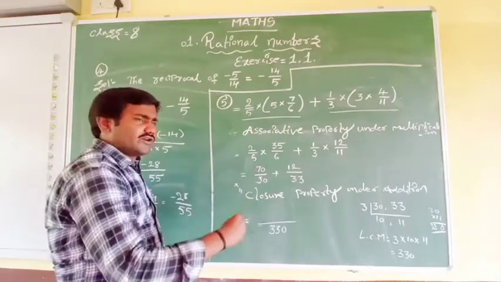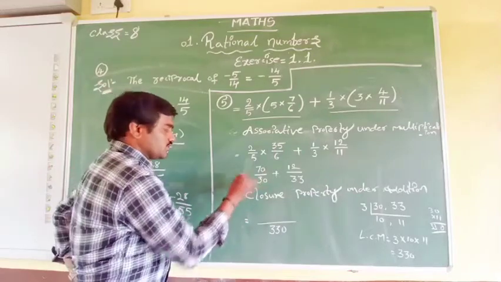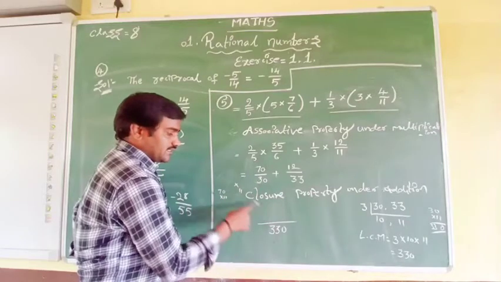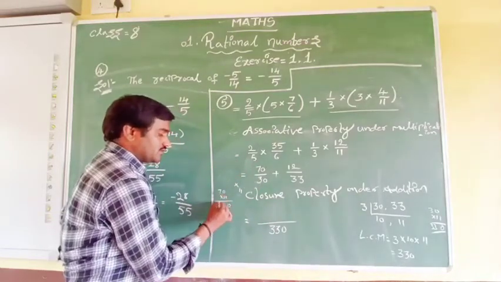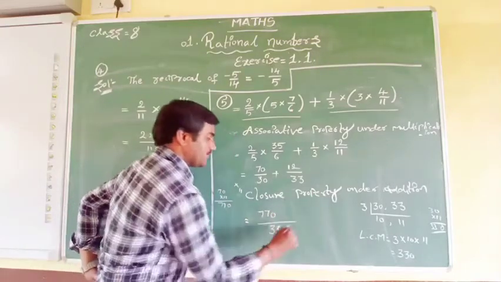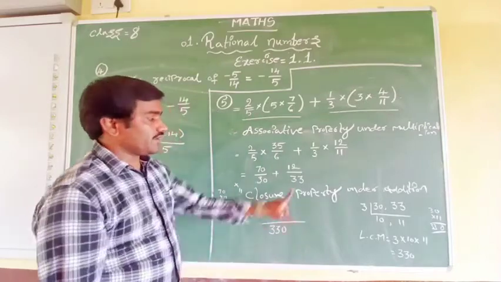We have to get habituated. If you practice some problems, you get used to it. So 70 into 11 now. 11 into 7 is 77, that is 770, plus. We go further.